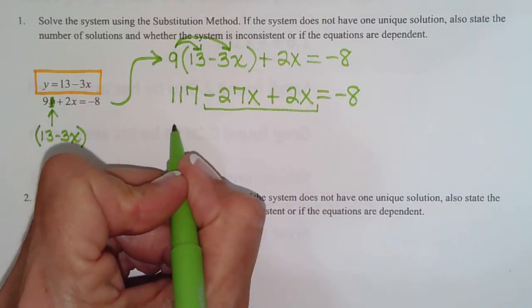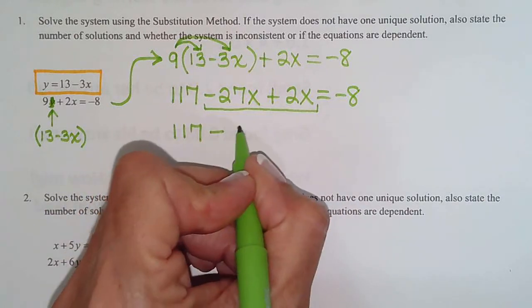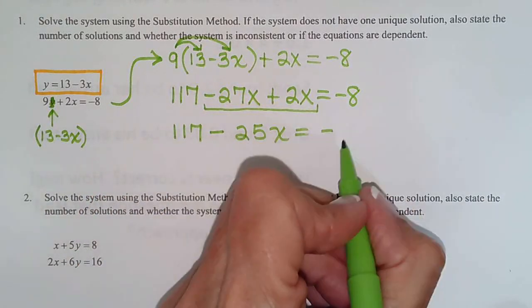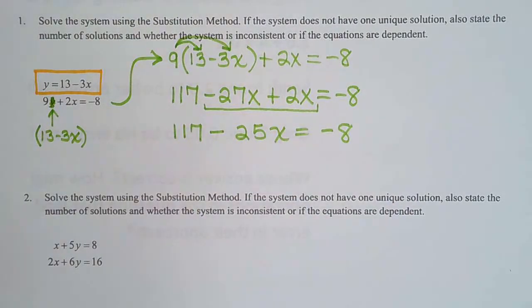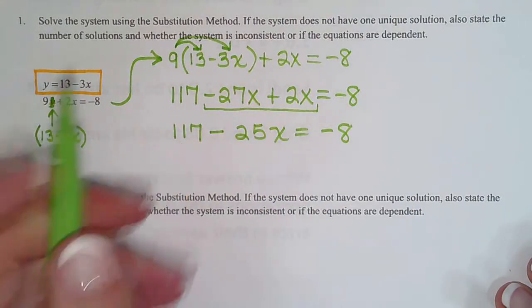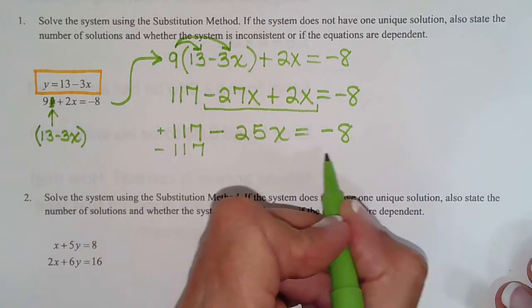So this is going to be 117, negative 27 plus 2 is negative 25x equals negative 8. Now we need to work on getting x alone, so we need this over with the other constant. It's a positive right now, so we do the opposite, subtract 117.